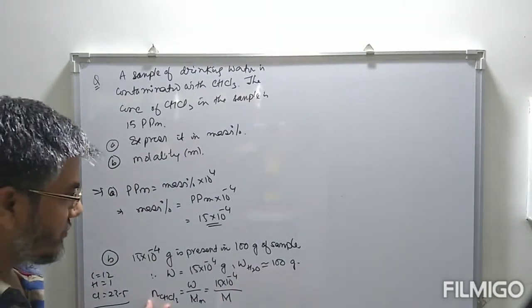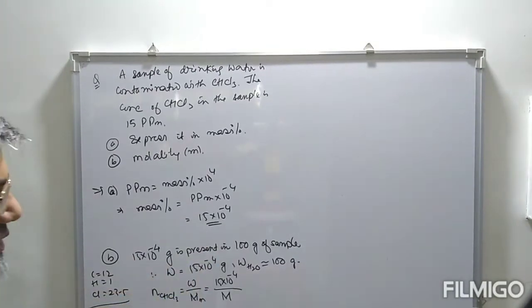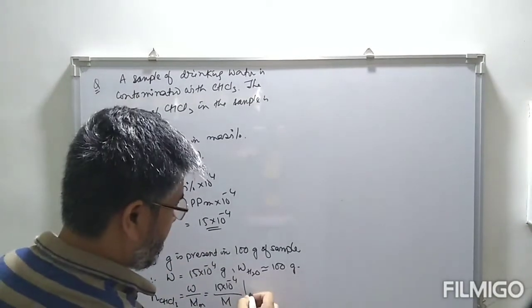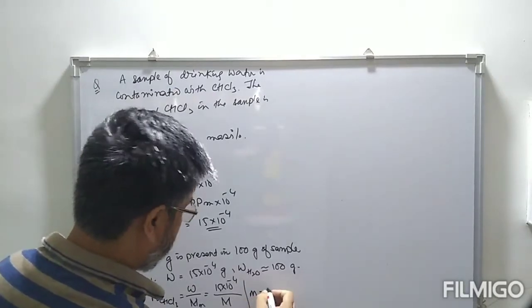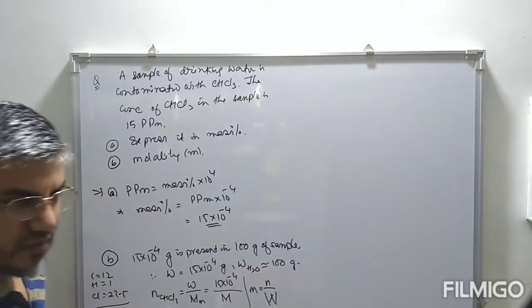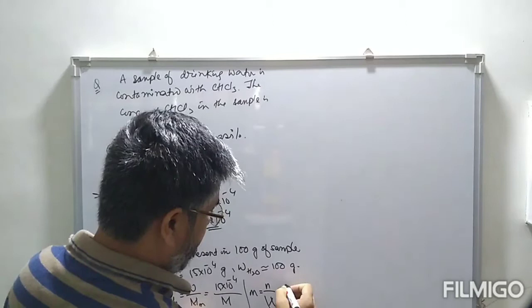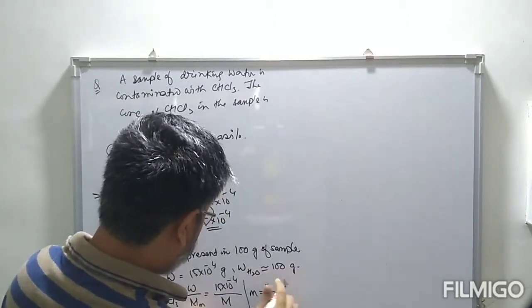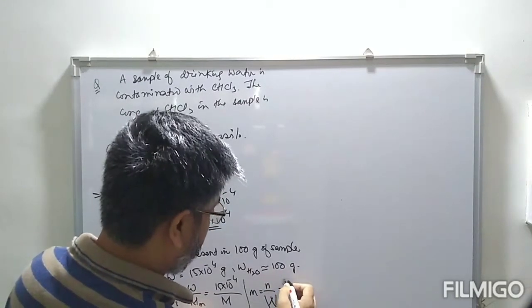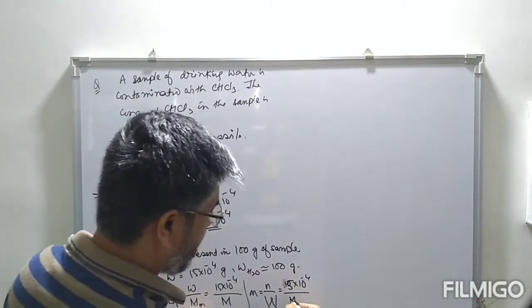So we have the number of moles. To define molality, we have the number of moles divided by the mass of solvent in kilograms. The number of moles is 15 into 10 to the power minus 4 divided by molar mass.